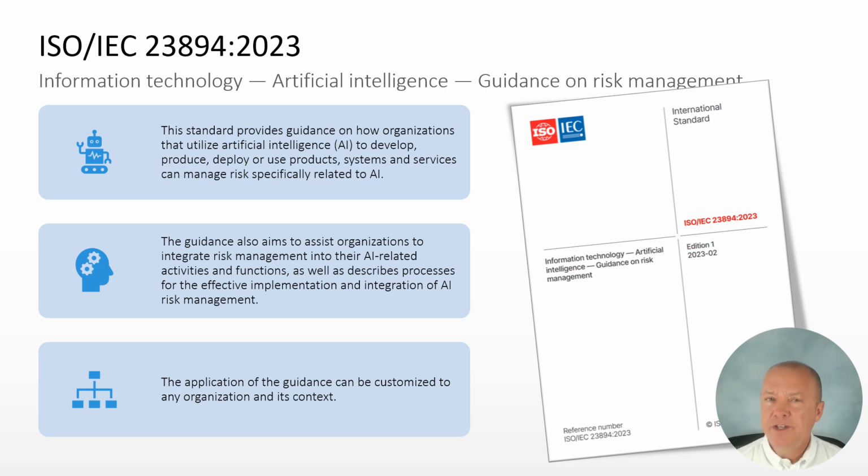So ISO 42001 is the overall ISO standard for an AI management system, which includes requirements for managing AI risk. Now, it has requirements for managing AI risk, but it doesn't really tell us how to do that well. It only has the requirements to get it done. So ISO has released a guidance document, which is ISO standard 23894. It's entitled Information Technology, Artificial Intelligence, Guidance on Risk Management.